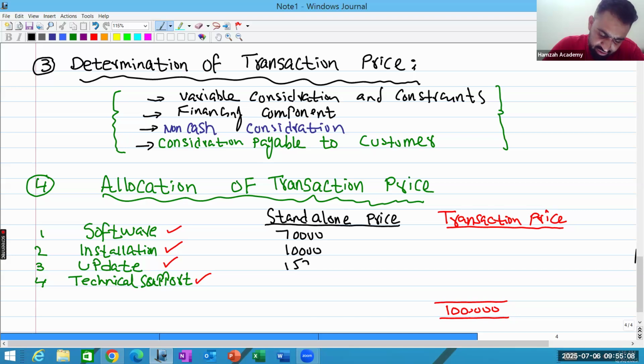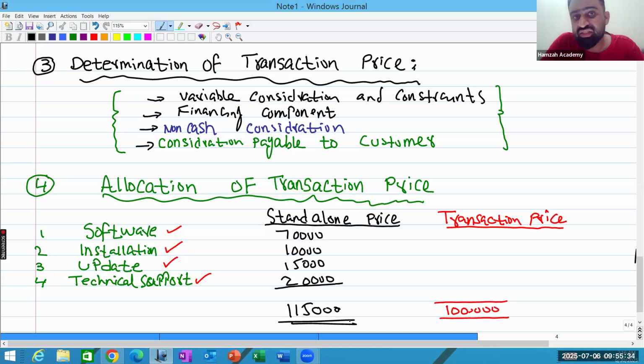Updates I provide for $15,000, and the technical support I normally give for $20,000. So the total will give you $115,000.